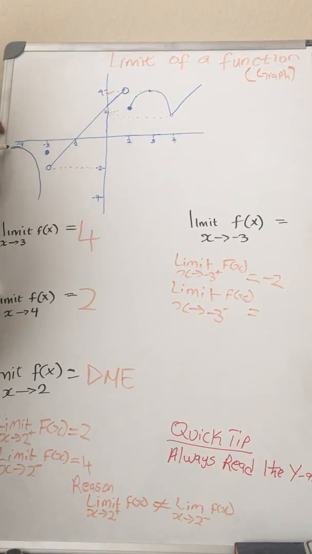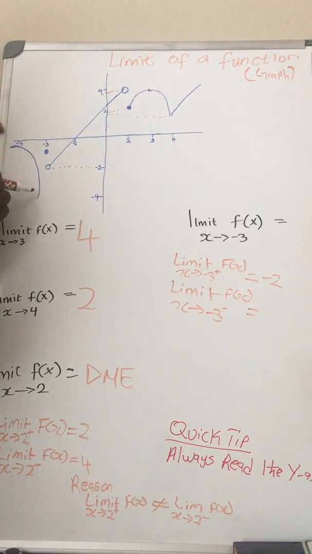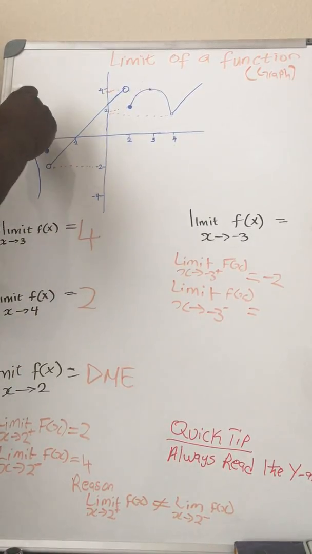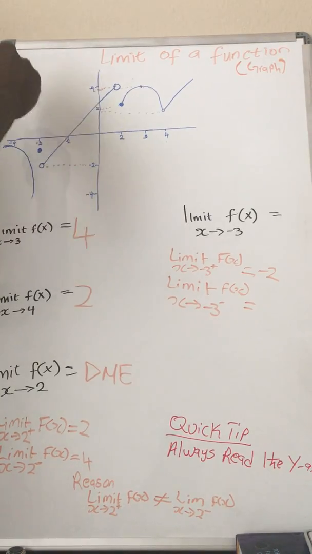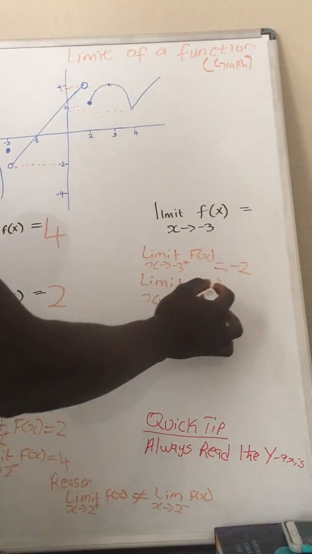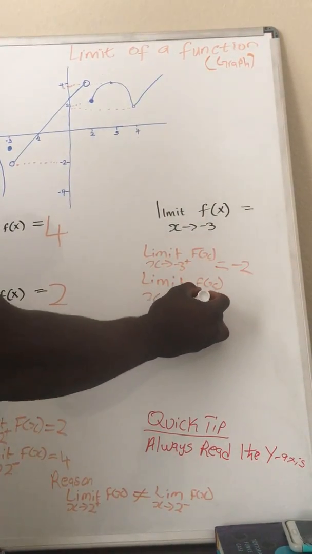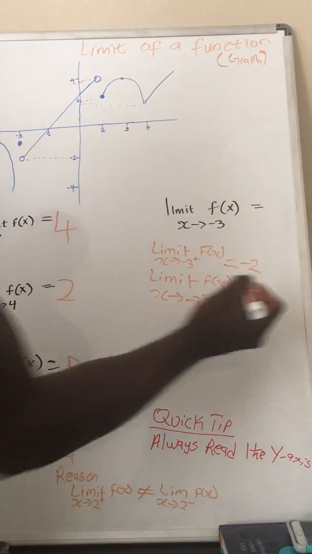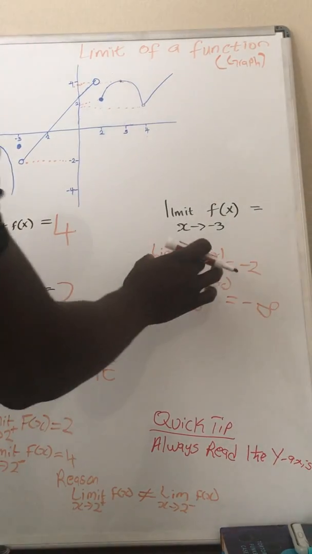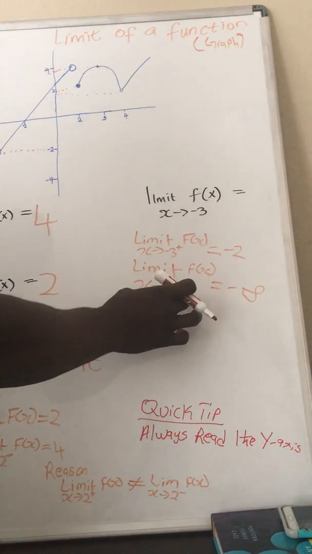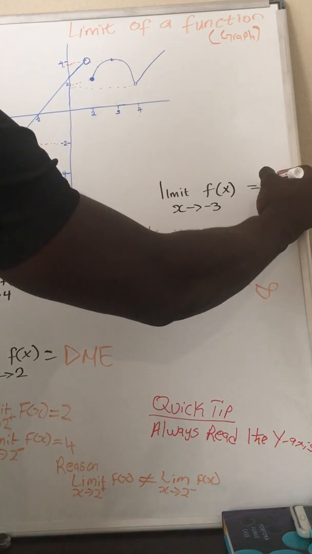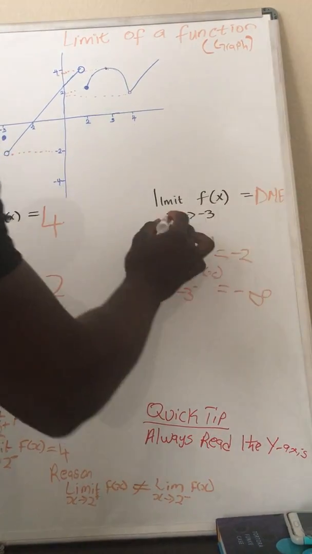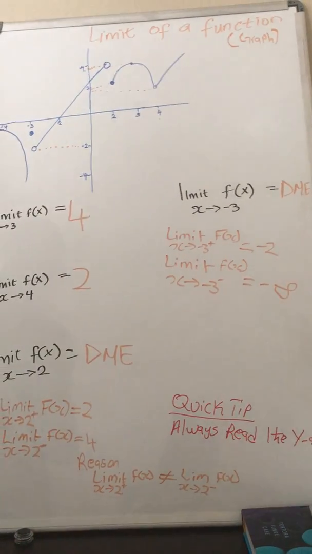The limit as x approaches -3 from the left is -infinity, because this line is just going down to -infinity. So the limit of f of x as x approaches -3 from the left approaches -infinity. Since the limit from the right is different from the limit from the left, the limit does not exist as x approaches -3.